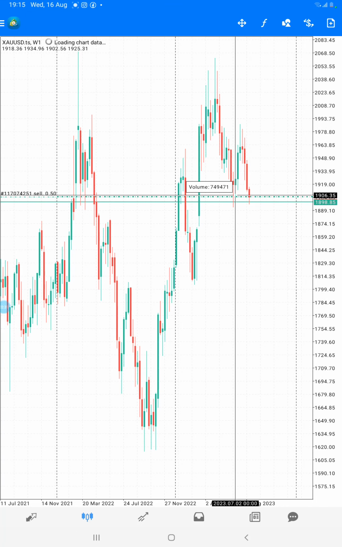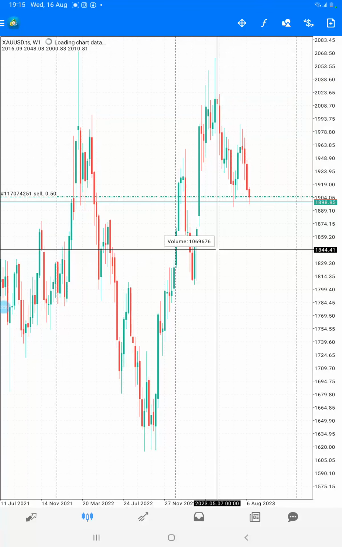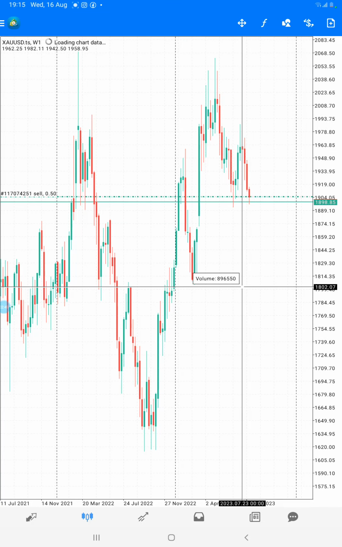So now this is what we do. If you can check, the last bar represents what is happening this week right now. This week I take the direction according to what happened last week.